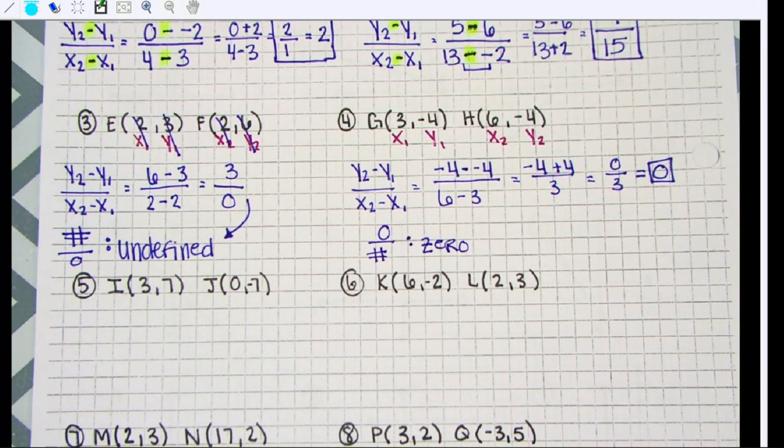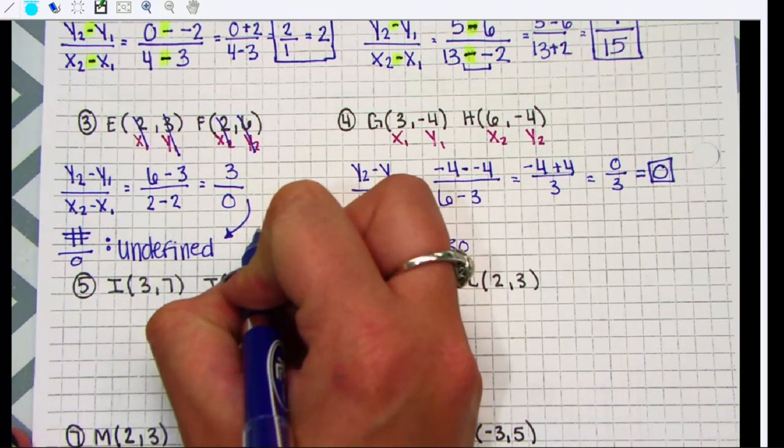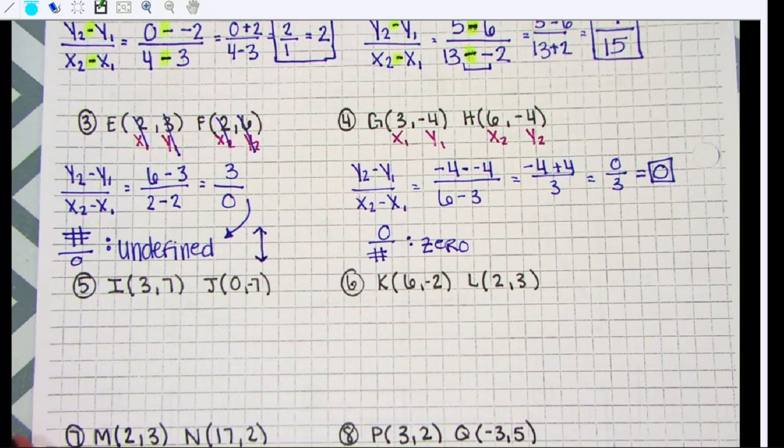The thing about the line, so you're used to seeing lines kind of diagonal like this when you're graphing, or you're used to seeing them like this when you graph. 0 and undefined look a little bit different. Okay? So when I'm looking at an undefined line, it goes straight up and down. It's undefined.